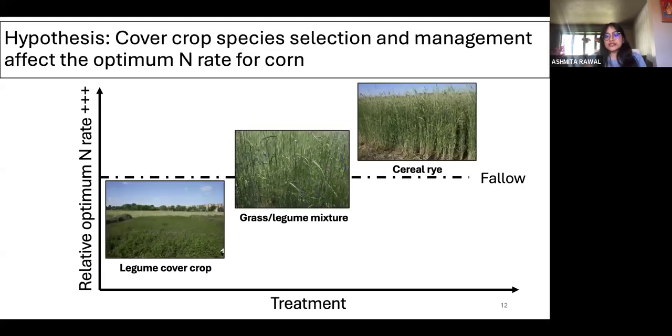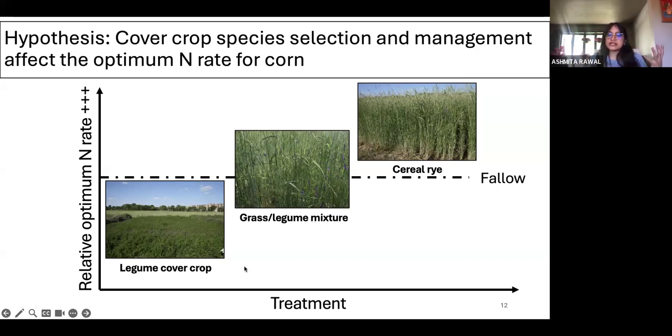And our hypothesis was that legume cover crop will decrease the optimum nitrogen rate requirement for corn, whereas cereal rye will increase it compared to legume and or fallow. And the mixture will be in between legume and rye, given its mixed components of legume and rye.